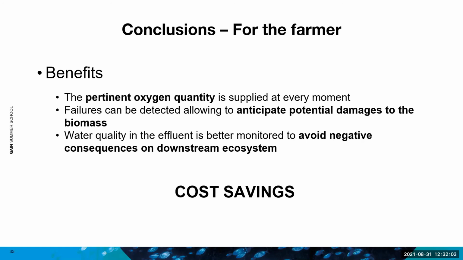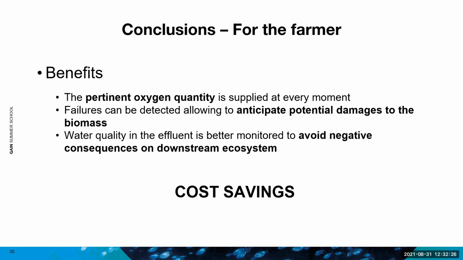The failures that can be detected to anticipate the potential damages to the biomass could also be very interesting, for example, some failures in the probes that give you the sensation that you've got the situation under control, and maybe it's not the case.